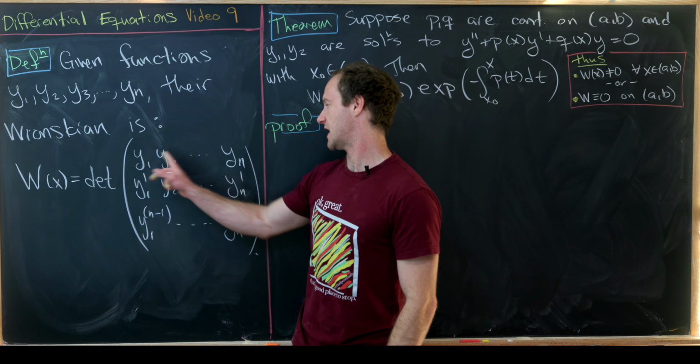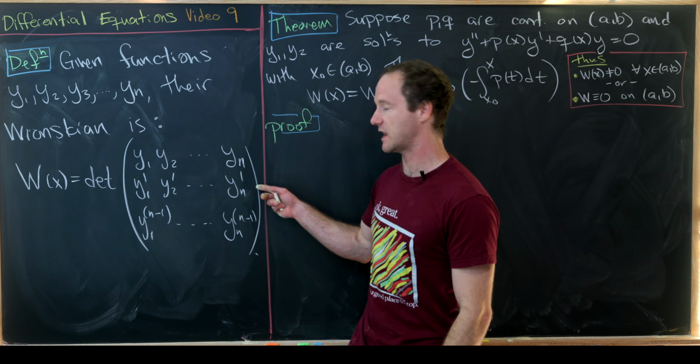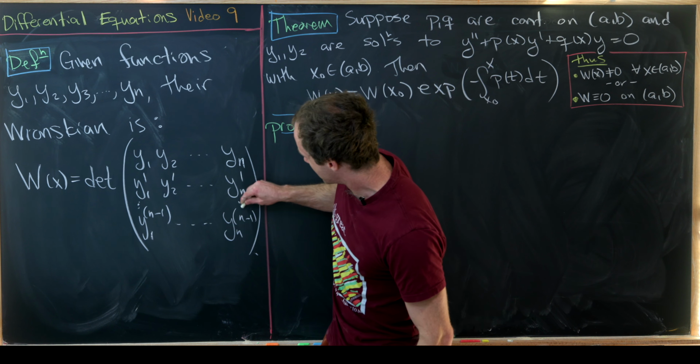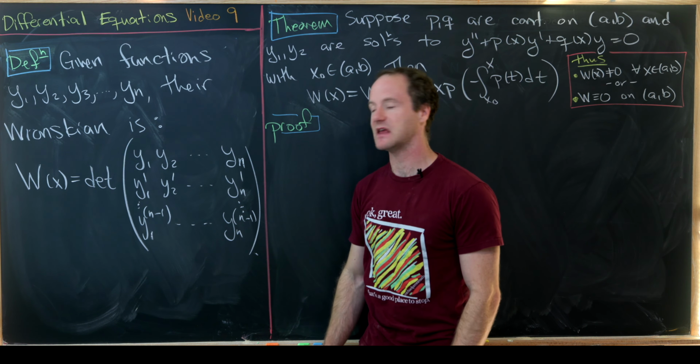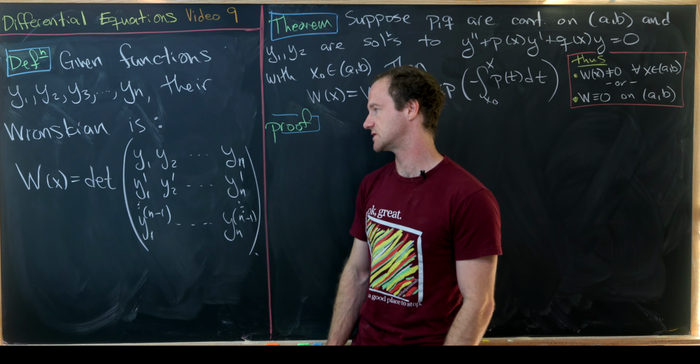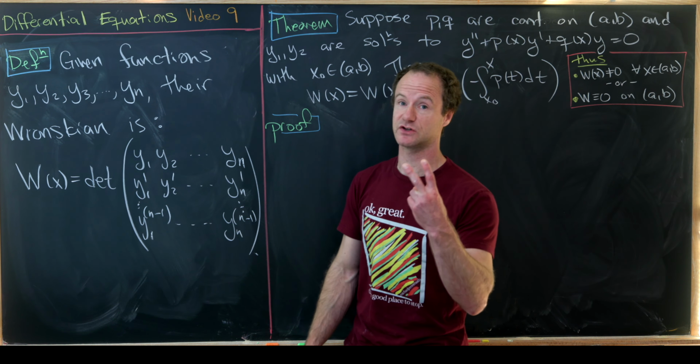In the first row we have just the functions, the 0th derivative. In the second row, the first derivative, then the second derivative in the third row, all the way down to the nth row, where we have the n minus first derivative of all of those functions. Again, that's just an expansion of what we saw on the previous board with 2 functions.